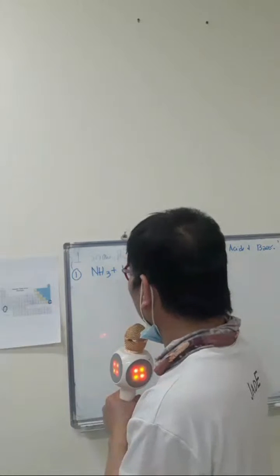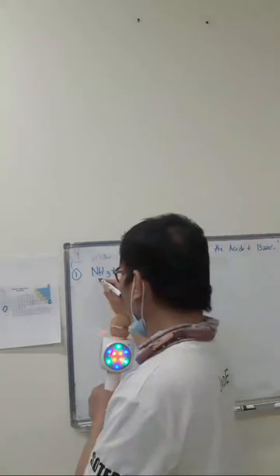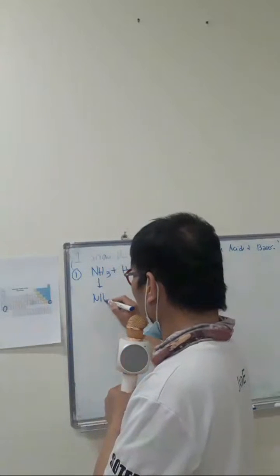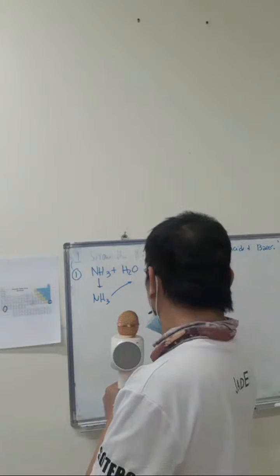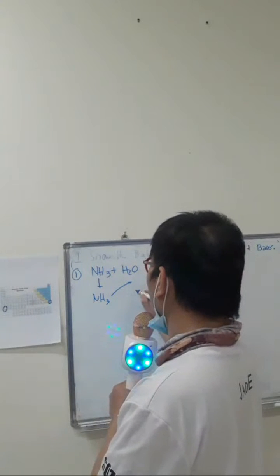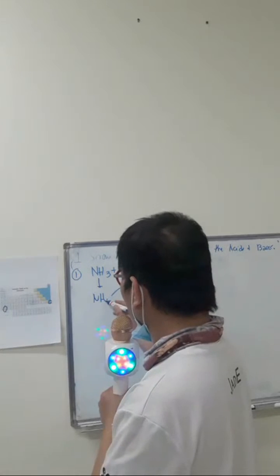Okay, and now we try to reverse. I will try to make ammonia the donor first. If I give one proton to water, it will become H3O. You get the point? Now it will become amine.